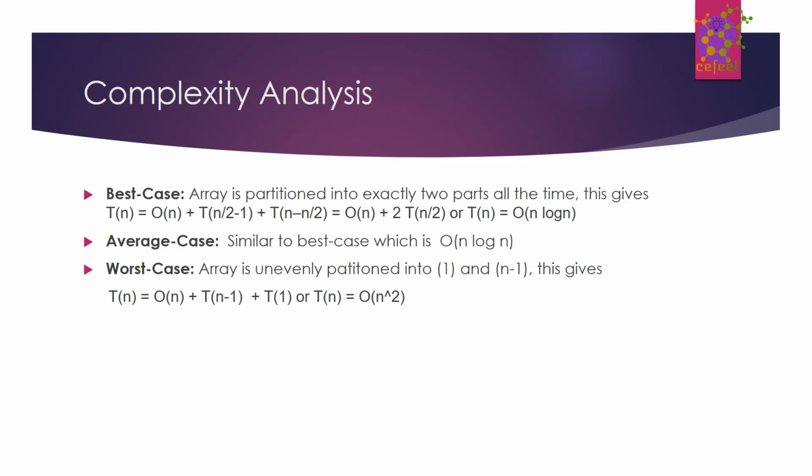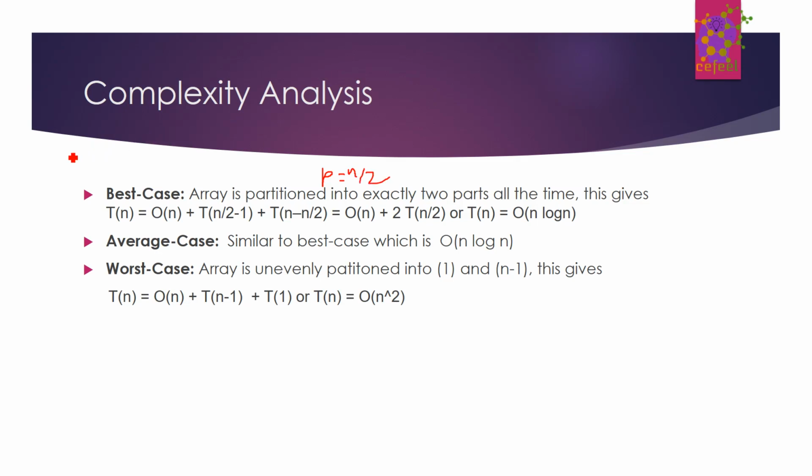This occurs when p partitions the elements into 2 parts, which means the left part is n by 2 and the right part is n by 2. So this occurs when p equals n by 2 or n by 2 plus 1, but approximately n by 2.